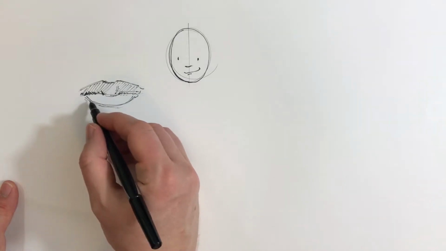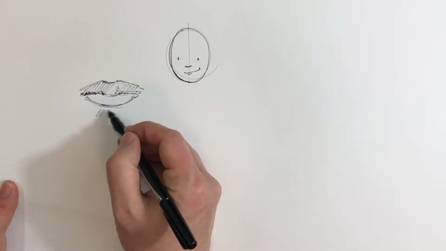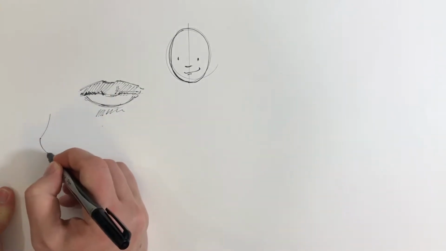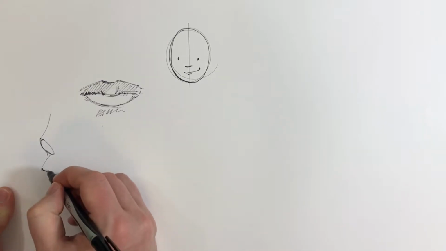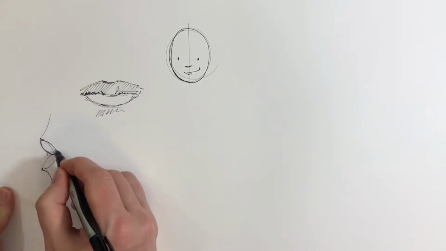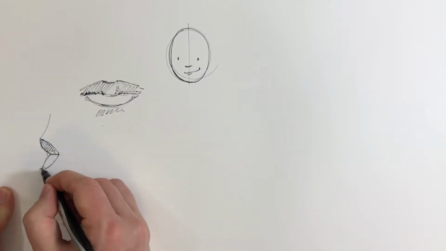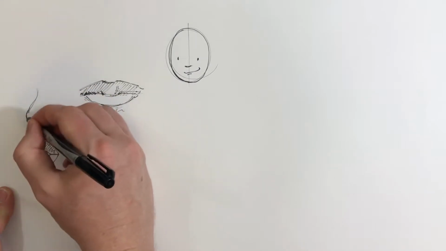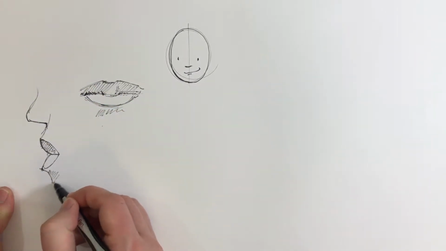Basically what that does is beneath this lower lip you'll usually have a bit of a shadow, where if we're drawing it in profile, if we're drawing the lips in profile, the lips will come out right. Well, here's your nose, here's your upper lip, your bottom lip, and then there's a shadow that's cast right there.